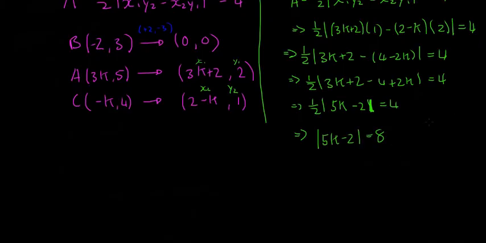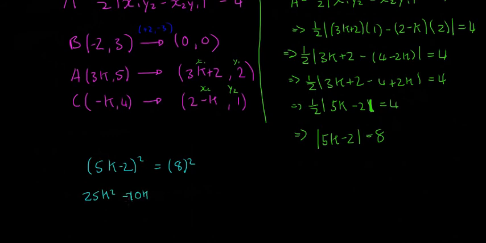Alright, so now we're at the last step of just rearranging it. Now we have to get rid of the modulus. I think the easiest way to get rid of the modulus is to square both sides. That's what we learned so far. So it's going to be 5k minus 2 squared is equal to 8 squared. To square that, we're going to get 25k squared minus 10k.